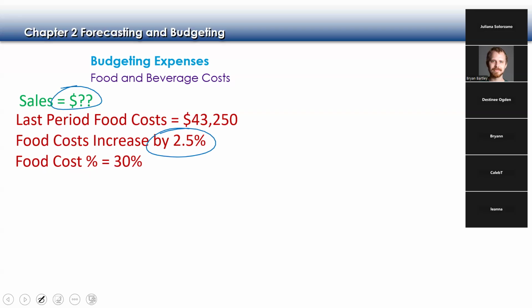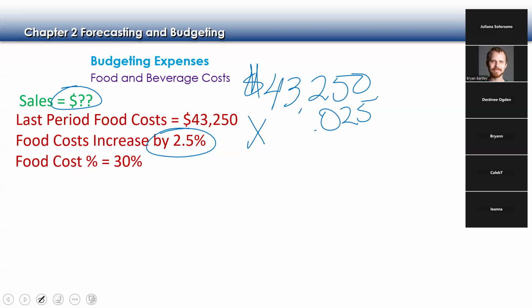So my last period, my food cost was $43,250. And I want to increase by 2.5%. So I take this and I multiply by what? I can multiply by 0.025, or I can do my shortcut and add the 1 right there, right?